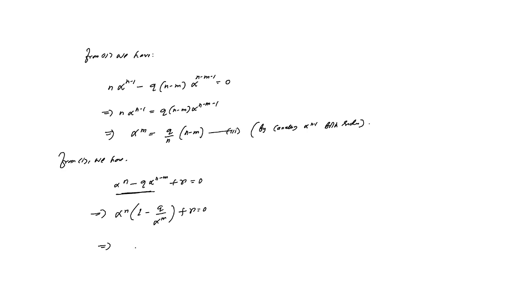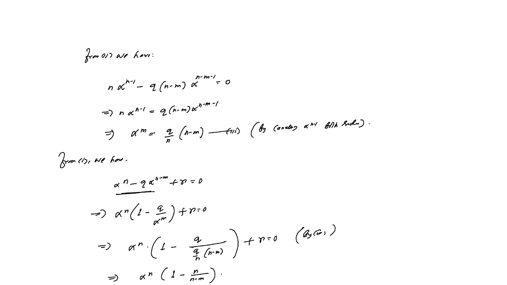So that means alpha to the power m, this value is q by n into (n minus m), so we get alpha to the power n times (1 minus n by n minus m) plus r equals 0.